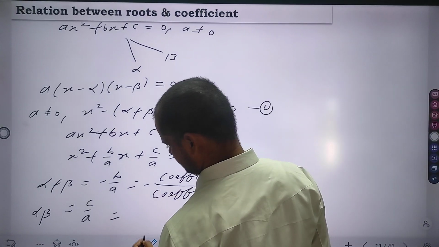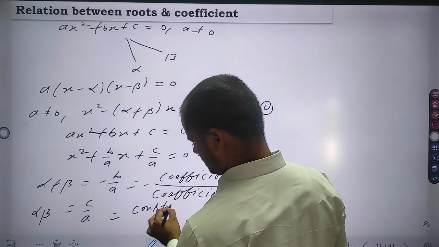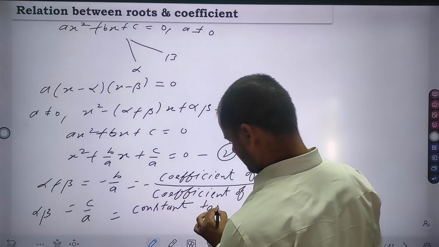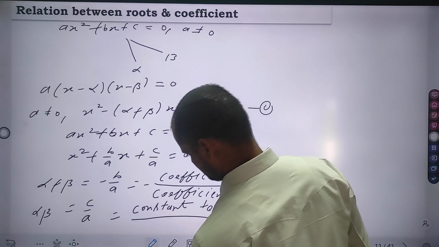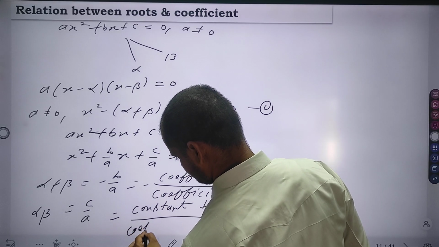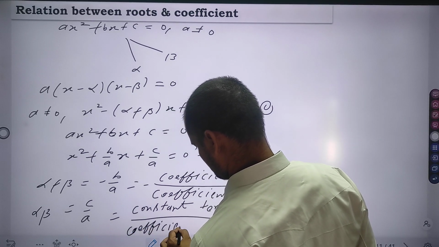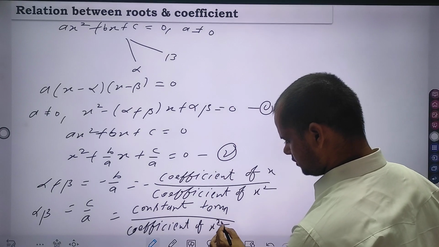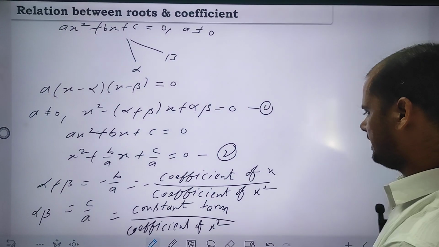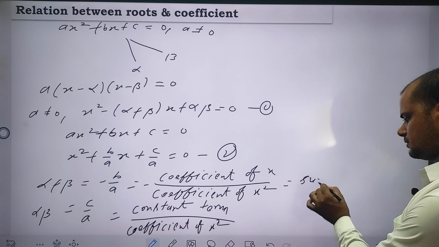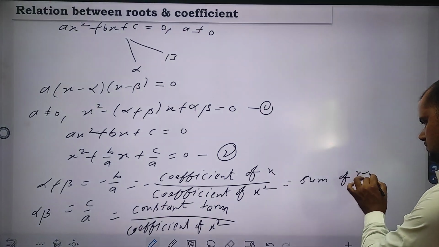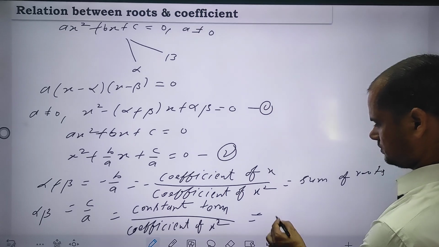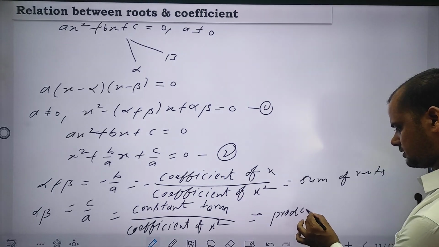And the product of roots, where c is the constant term, can be written as constant term divided by coefficient of x square.